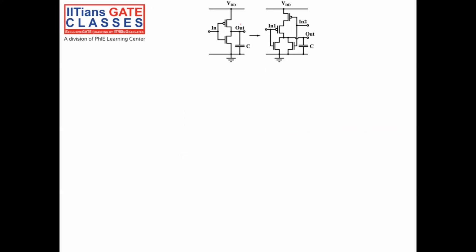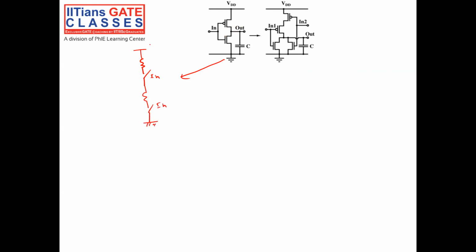For answering this question, we have to understand how charge and discharge of the output capacitor takes place. If you take the equivalent model, it will be like a switch, controlled by my input. Similarly, below also is a switch controlled by my input.